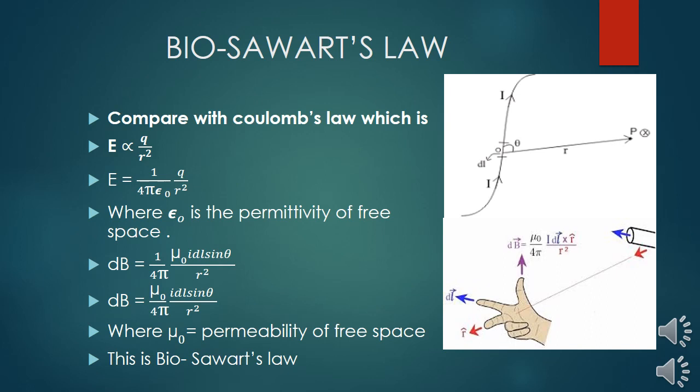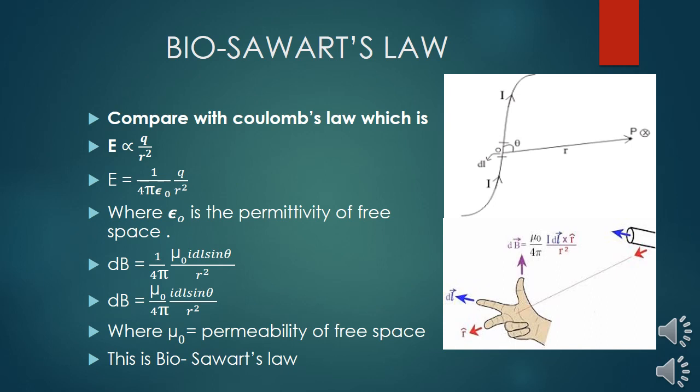So this equation of Biot-Savart law is very much like Coulomb's law, where E equals 1 upon 4 pi epsilon naught q over r square, where epsilon naught in Coulomb's law is the permittivity of the medium, which is the quantity that gives certain electrical characteristics, whether it allows the charge to apply force on it or not.